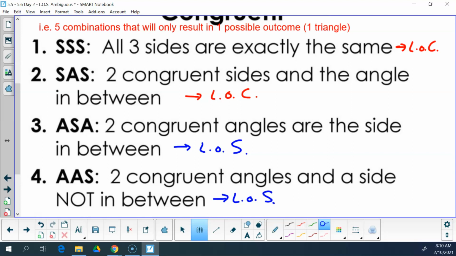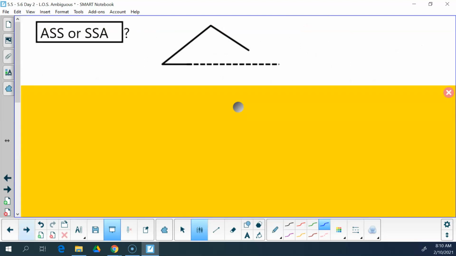Okay? So that leaves the naughty one left. Now, you were probably told back when you were in geometry that you can't prove a triangle using your hind quarter, okay? Using your butt.